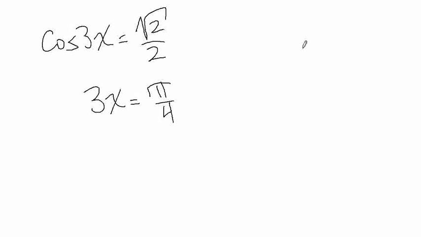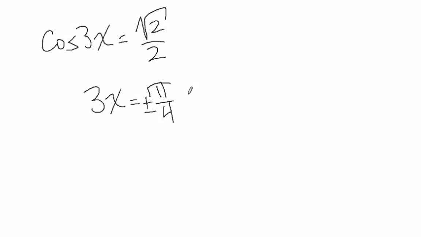Now, again, that's not the only solution. You can actually have minus pi over 4 as well. So why don't I put a plus or minus in front? And furthermore, we can add or subtract multiples of 2 pi and get other solutions.